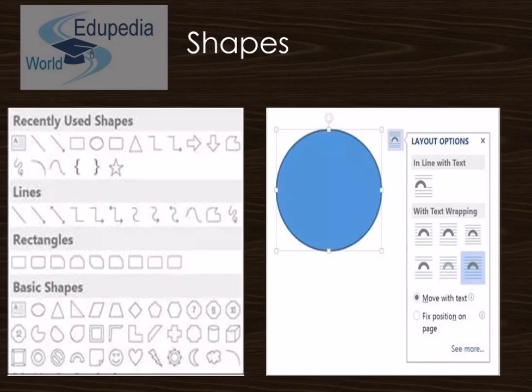Once again, we have the handles available to resize and rotate the shapes, and the layout options, like where we want these shapes around the text, fixed position on the page, or we want to move it with the text. All depends according to the requirements of our document.